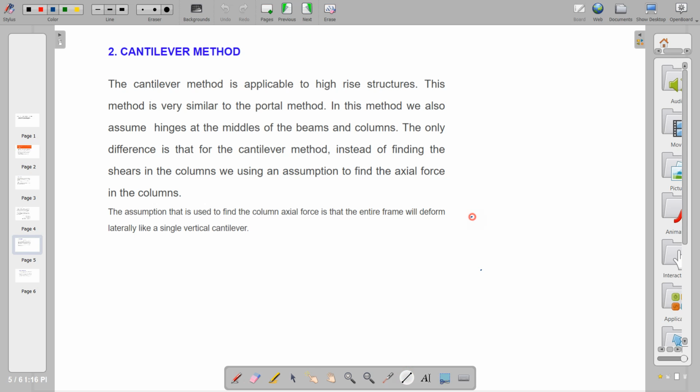So to illustrate that, if this is the base of the structure, imagine that this is a beam that is supported on a fixed base. Just like a cantilever beam, it will bend along the direction of your lateral forces.